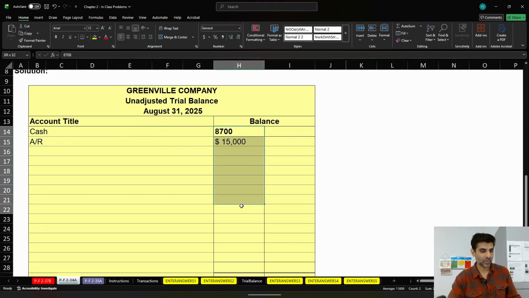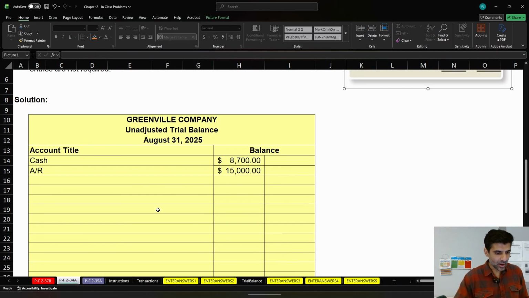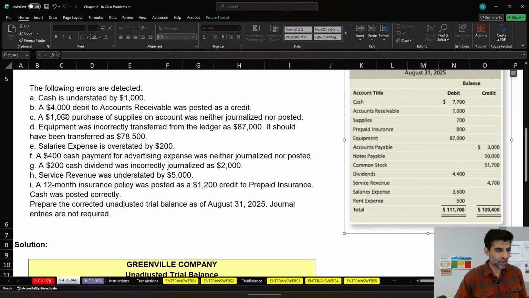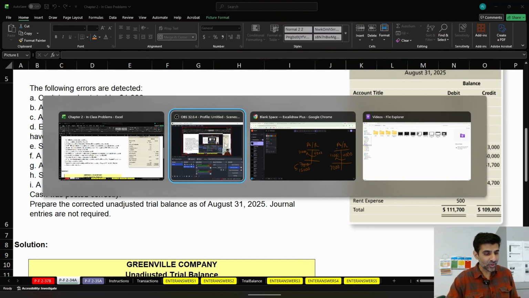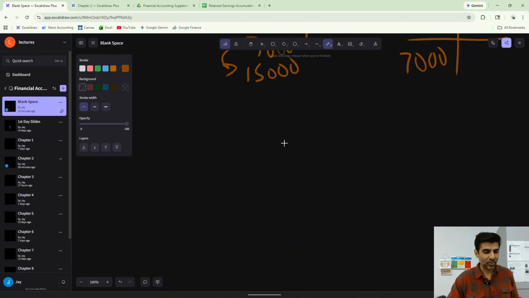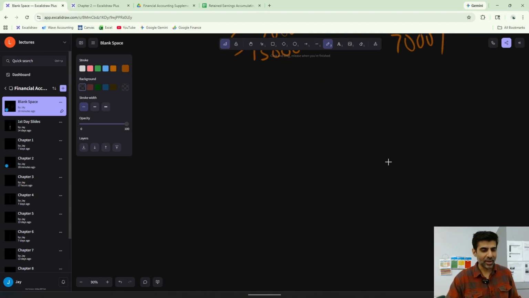Okay, so now keep going. What do we leave off with? Letter C. A purchase of $1,000 of supplies on account was neither journalized nor posted. So we just have to think about what was the journal entry to buy $1,000 of supplies. What do I debit?